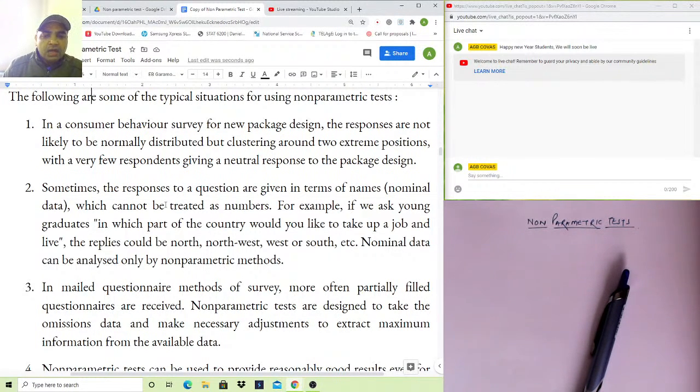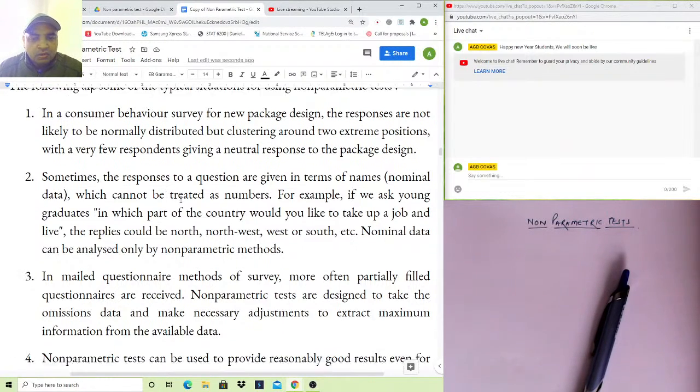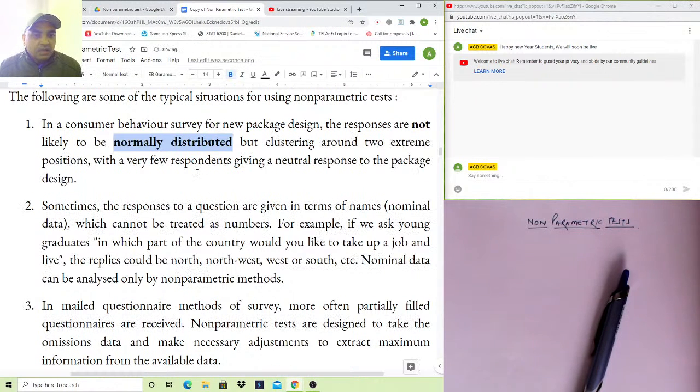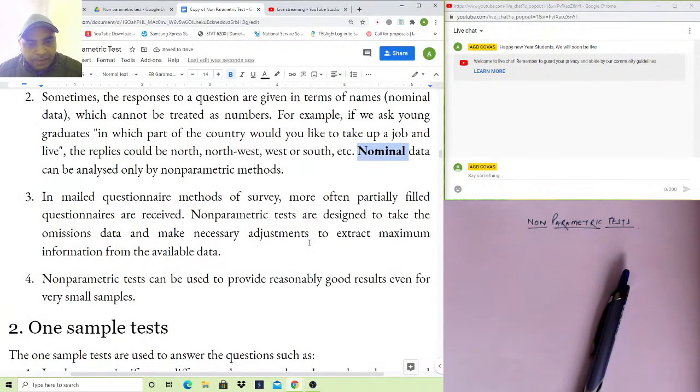Such data, which cannot be treated as numbers, that is nominal data, can only be analyzed using non-parametric methods. So one thing is, when your data is not normally distributed, you have to apply the non-parametric test, and if it is nominal data, then also you go for the non-parametric methods.